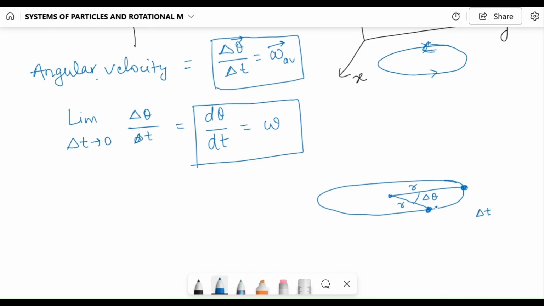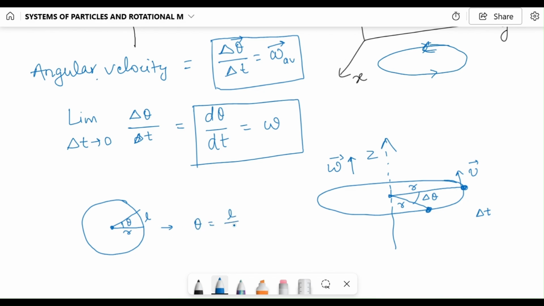At any point, let's say the velocity is this one, the linear velocity, and this is the axis about which this circular motion is taking place, and this is omega, the angular velocity, indicating towards the positive z direction. Now if we take the small angle approximation, if you remember, this is theta, this is L, and this is the radius R. For a very small angle theta, we can write theta equals L by R.